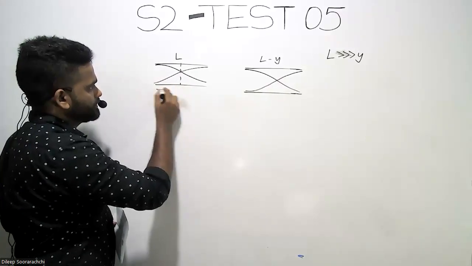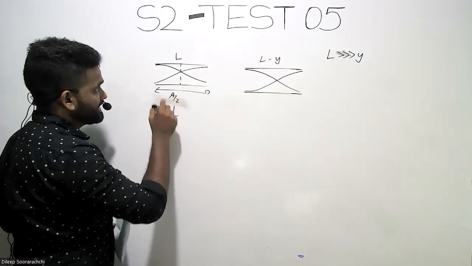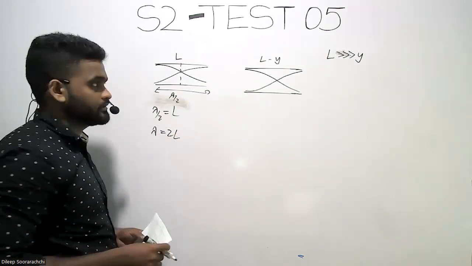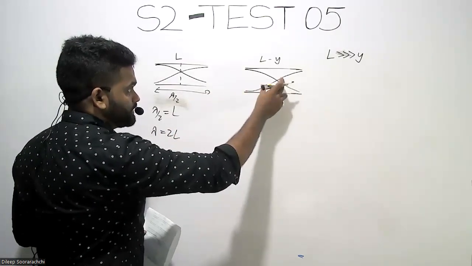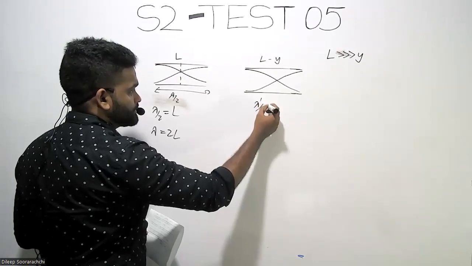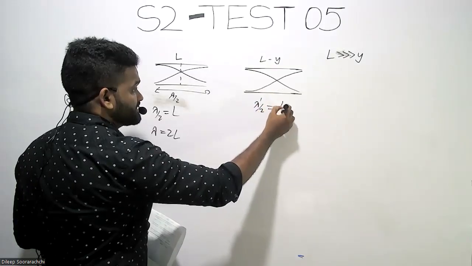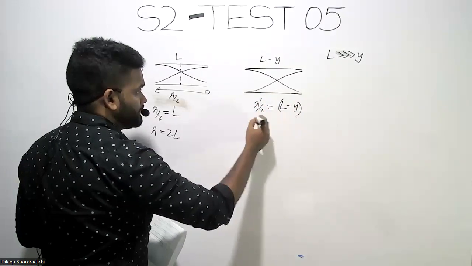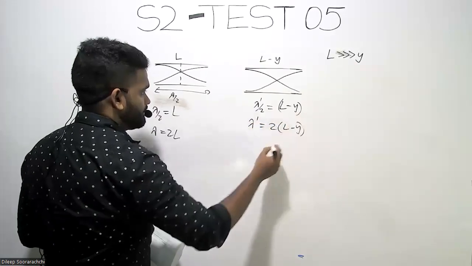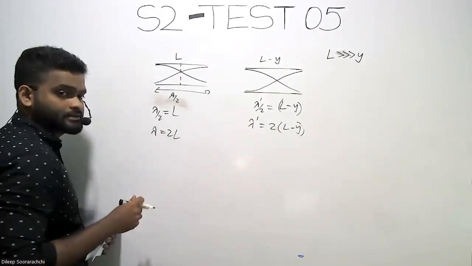So the length of this also is lambda over 2. So lambda over 2 is equal to capital L here. So lambda for this case is equal to 2L. This also is lambda over 2. Let's say lambda dash. This length, lambda dash over 2, equals L minus y. So lambda dash is 2(L minus y). So now we found the wavelengths.